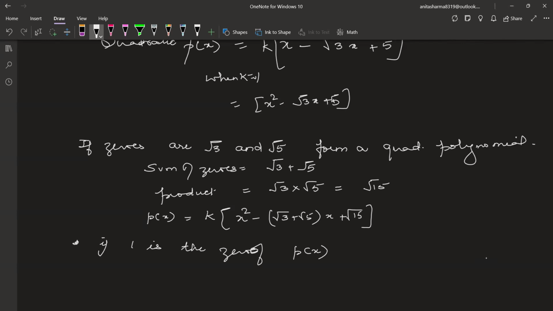If 1 is the zero of p(x), polynomial is given that k x square minus 4x plus 1, then find the value of k.